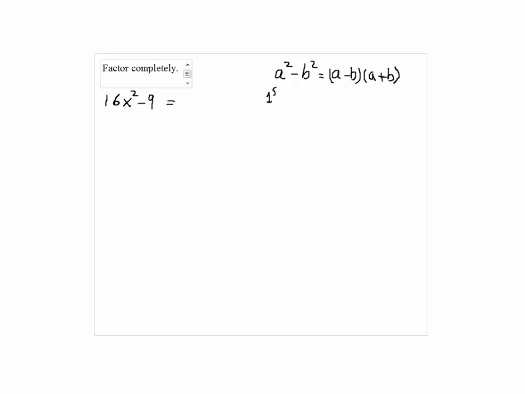Factor completely: 16x to the power of 2 minus 9.